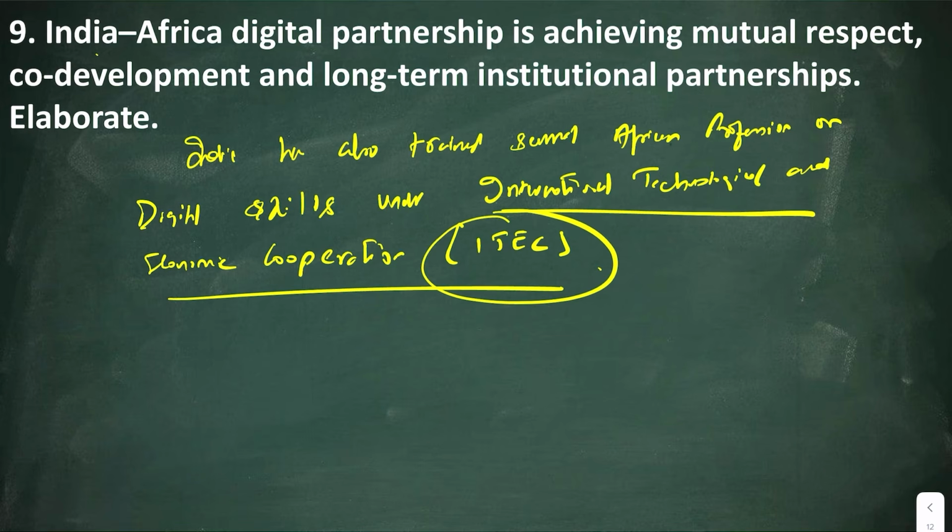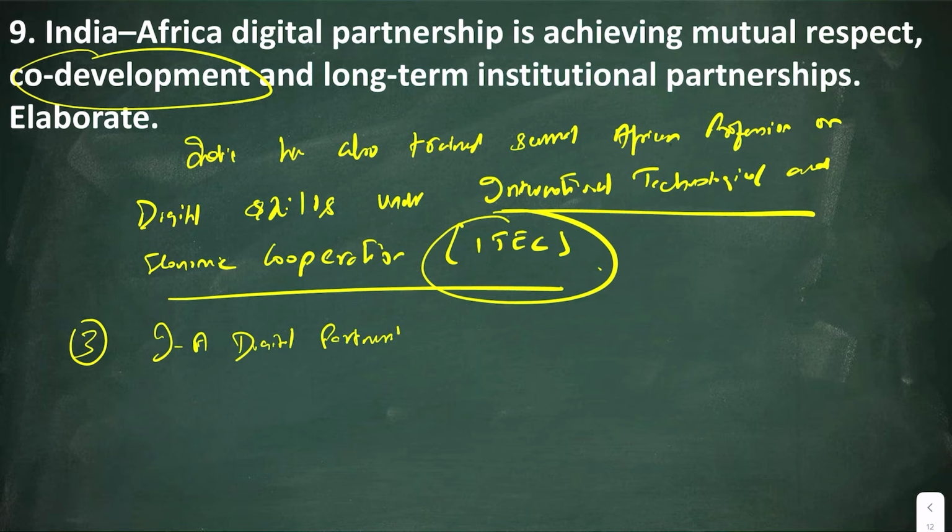Okay, so this is the second aspect, that is the co-development. The third one is India-Africa digital partnership. Give a hyphen and write institutional partnership.